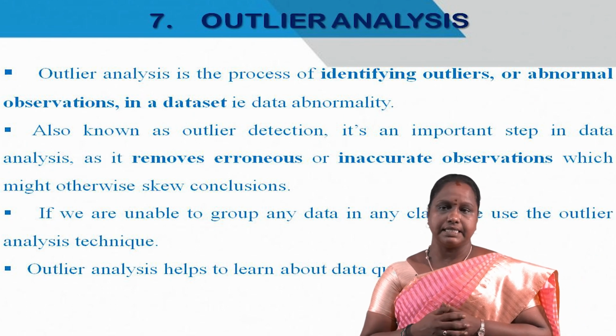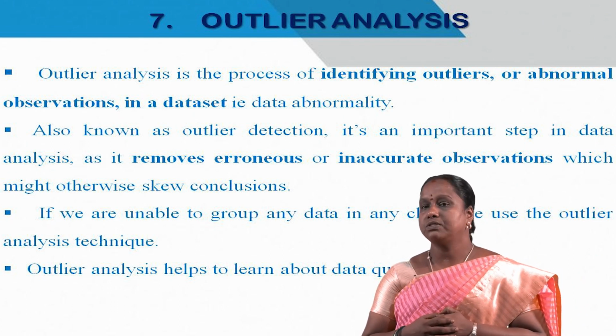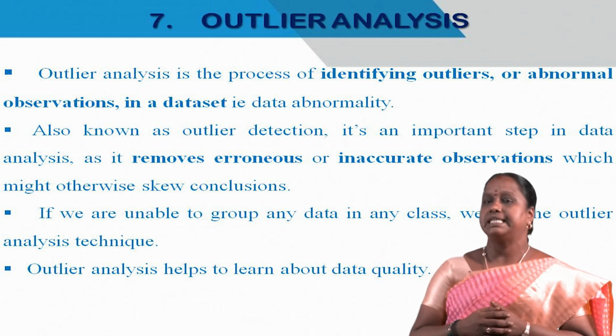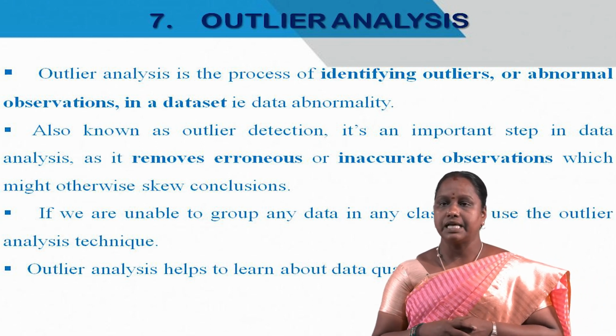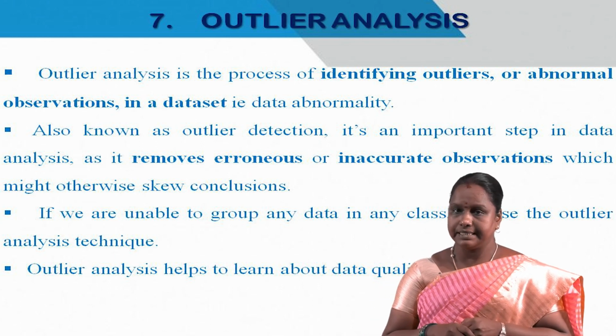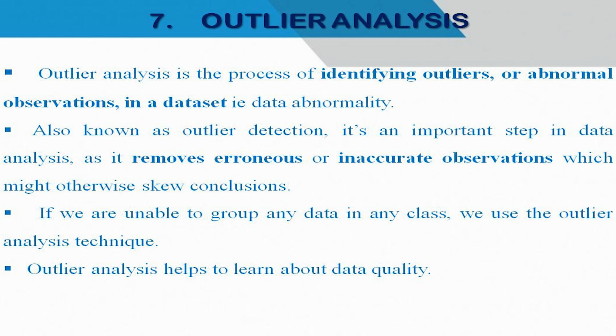Next, outlier analysis. Outlier analysis is the process of identifying outliers or abnormal observations in a data set, also known as outlier detection. It is an important step in data analysis as it removes erroneous or inaccurate observations which might otherwise skew conclusions.